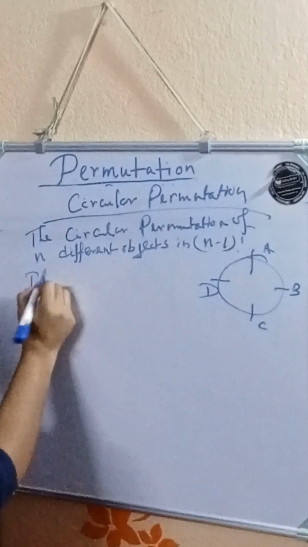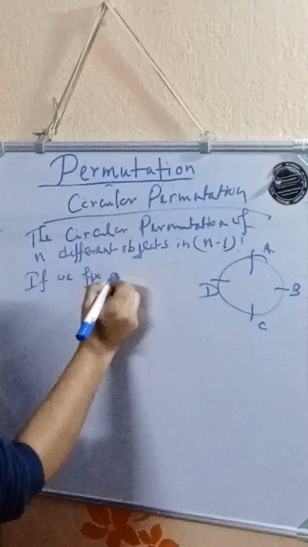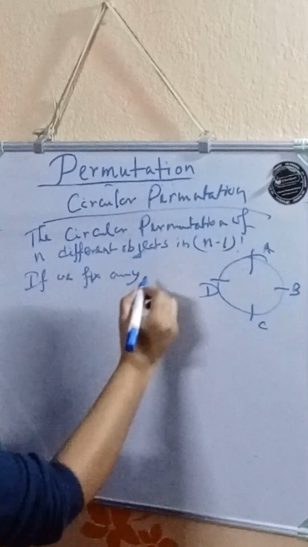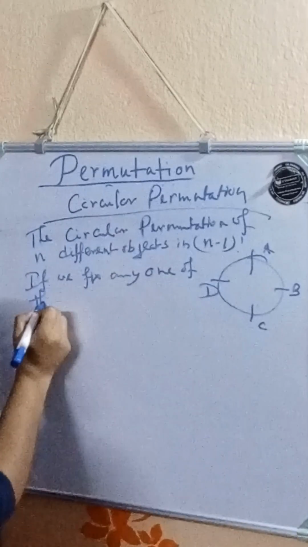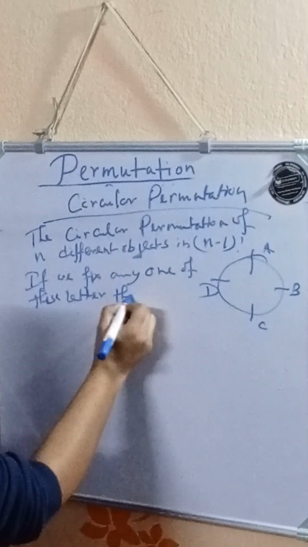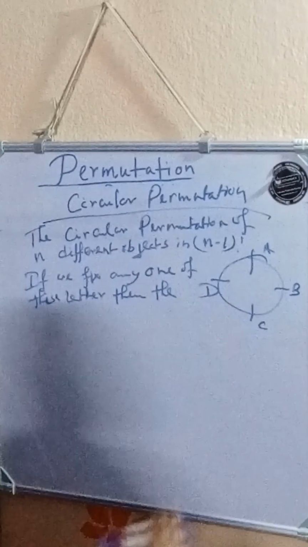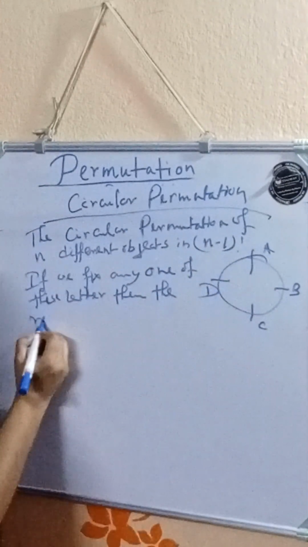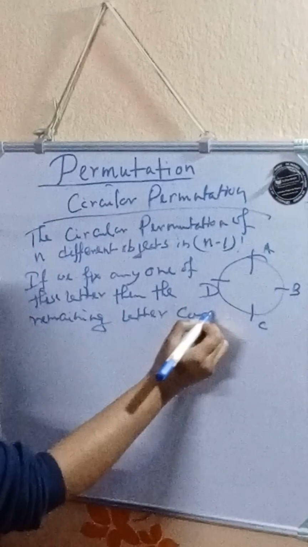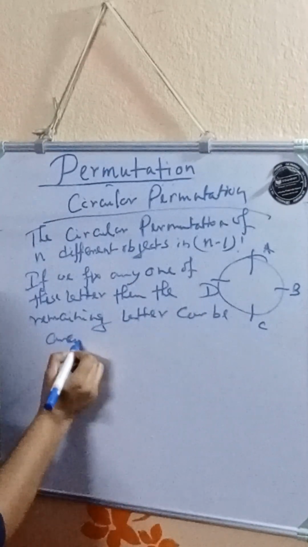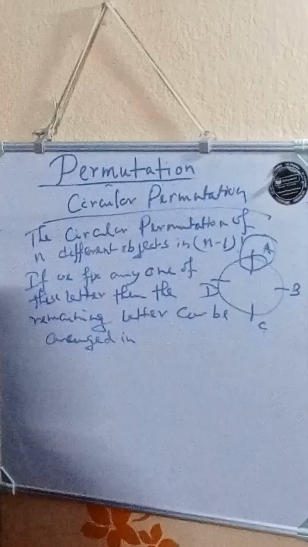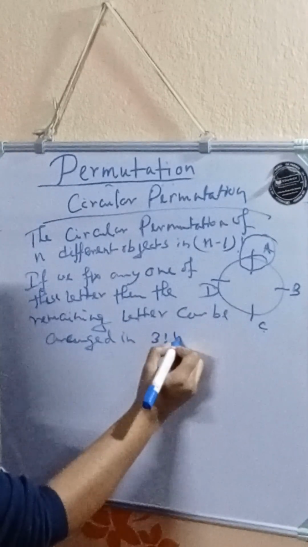If we fix the position of A, then the letters B, C, D can arrange themselves in factorial 3 ways.